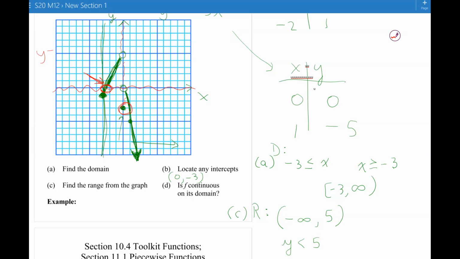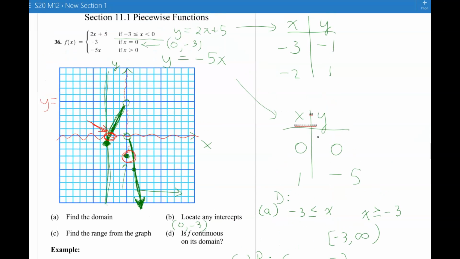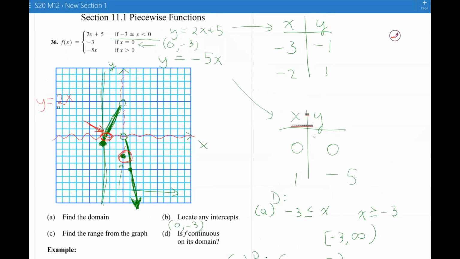If y equals 2x plus 5, and I want to find the x-intercept, I set y equal to 0. And can you see that x will be -5/2 then? So (-5/2, 0) is an x-intercept for this graph.